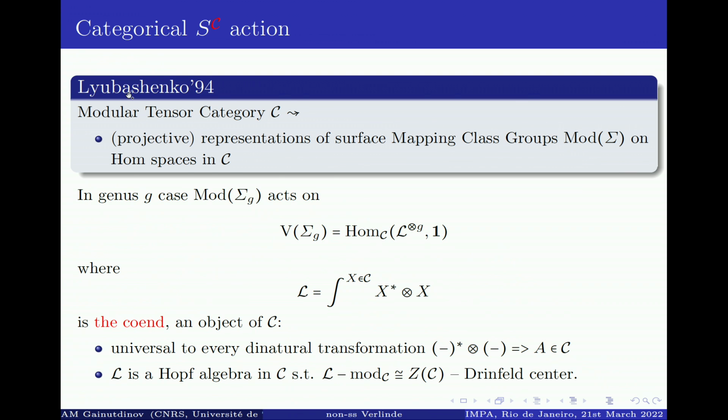Another way to think about this Hopf algebra object is that the category of modules of this Hopf algebra internal to C is equivalent to the Drinfeld center of C, as braided tensor categories. Because it's a Hopf algebra, L-mod is also a tensor category, moreover it's braided.